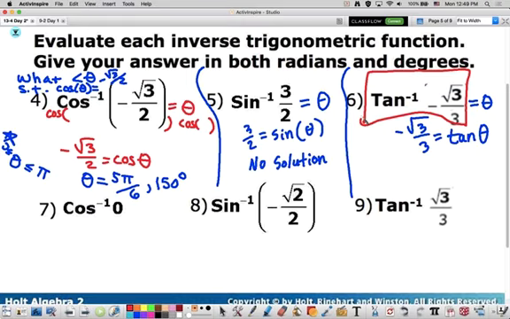120 degrees. Is that in the domain for tangent? No, I don't think so. Tangent's restricted -π/2 to π/2. 120 degrees is out of there.